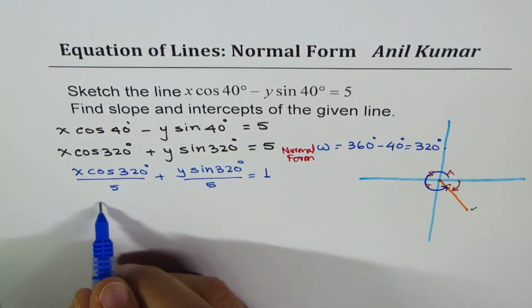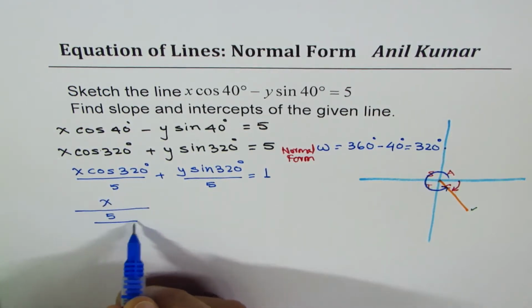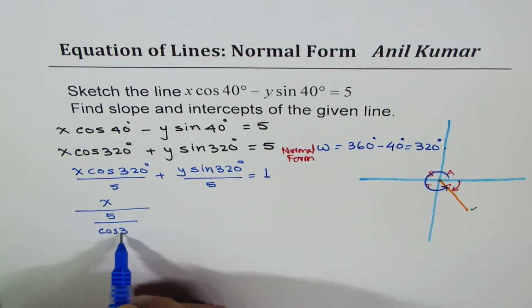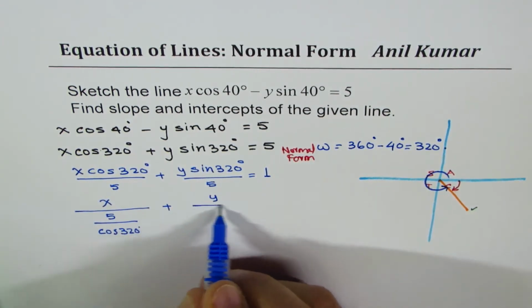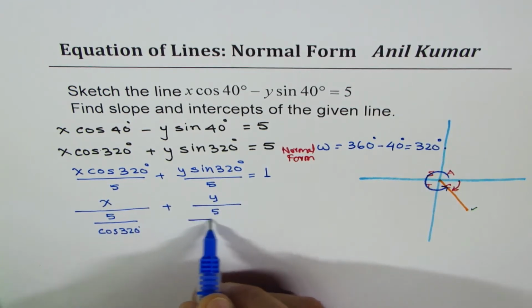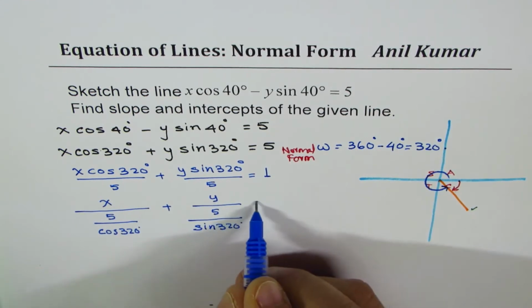And now it could be written as x over 5 over cos 320 degrees plus y over 5 over sin 320 degrees equals 1.